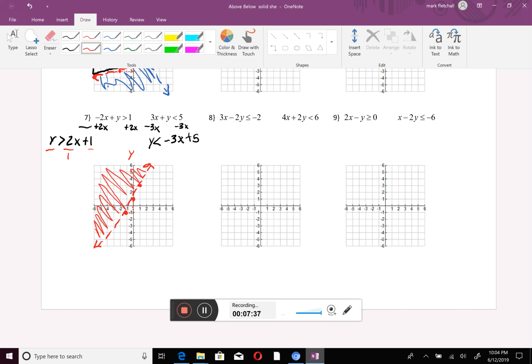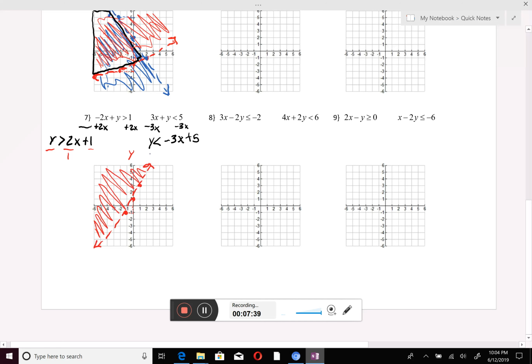For my next line, I'll do it in blue. I start at the y-intercept at a positive 5. And I'll think about this slope as a negative 3 over 1. So I'll go down 3, 1, 2, 3, and to the right 1. Now I could go the other way, but I'll just add another point, descending down 3, 1, 2, 3, and to the right 1.